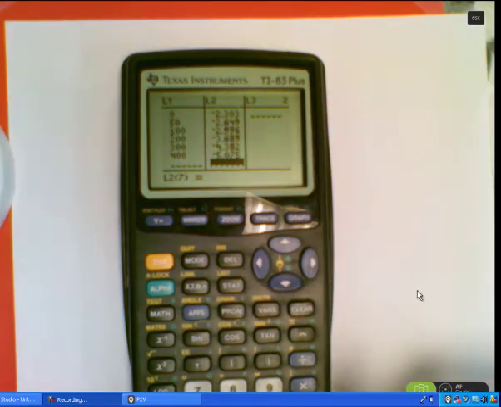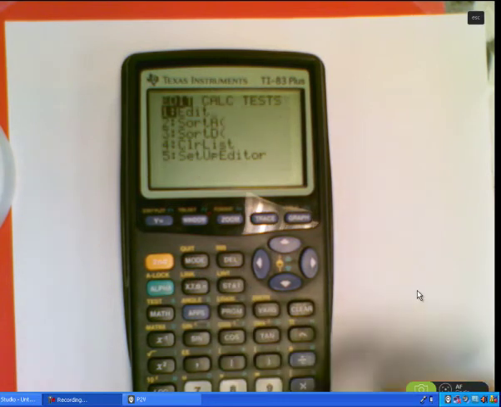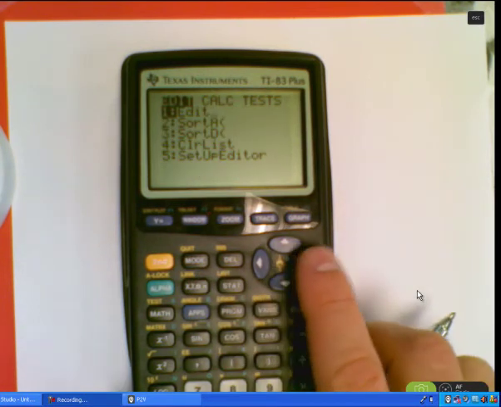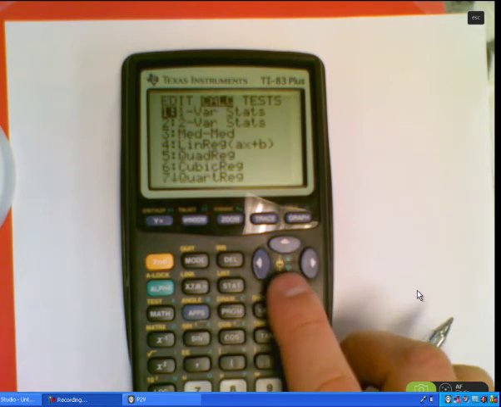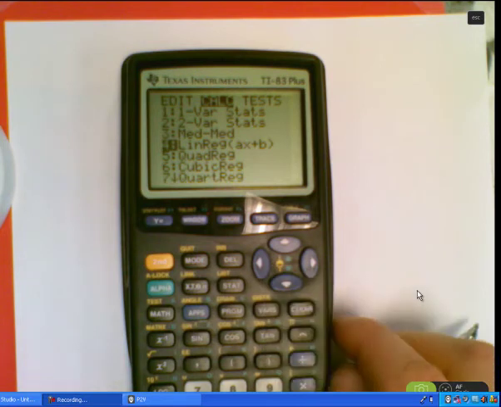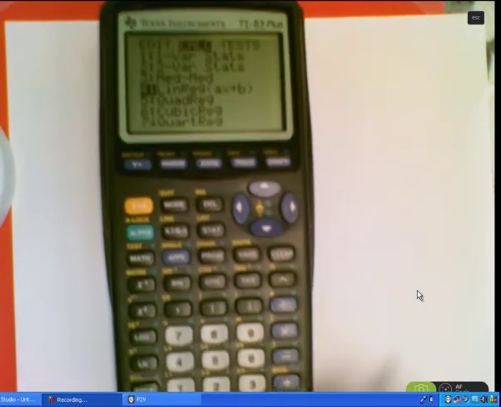Okay? So looking back at my notes, look back to your notes. We did everything. We have the L1, L2 data in. Now we're going to press stat. Alright, press stat and then scroll over, right cursor key, to calc. Scroll down to linear regression, AX plus B, and I'm going to hit enter on my calculator.